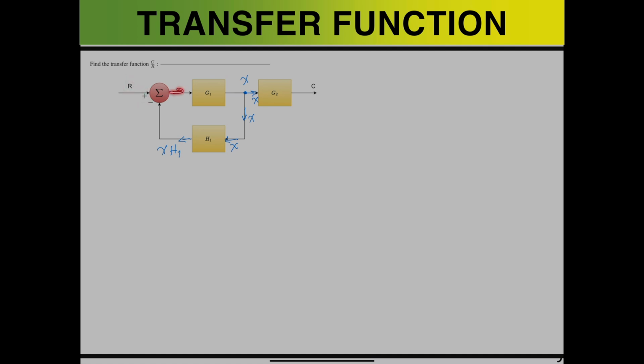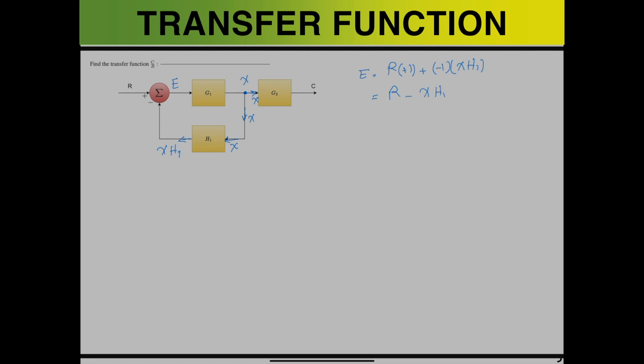So essentially the output of the error detector, which we call E, is R times plus sign plus minus sign times XH1, and simply it becomes R minus XH1.